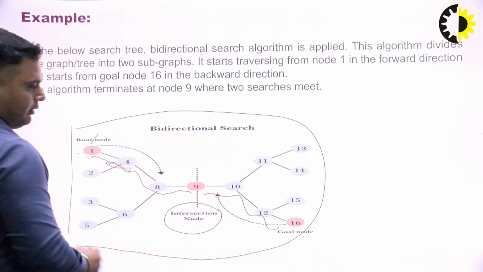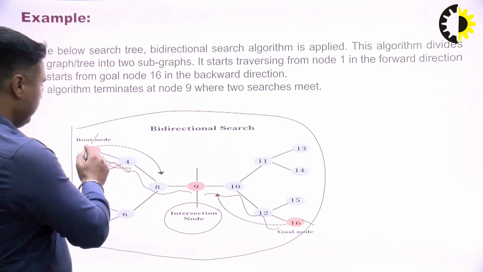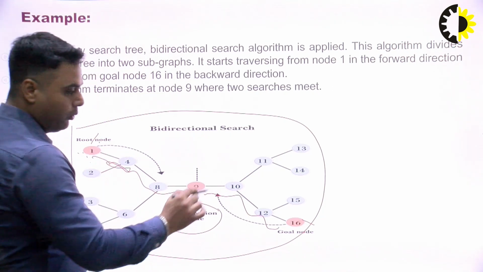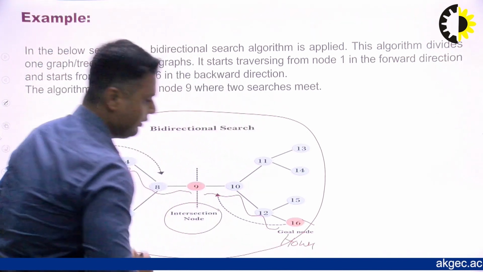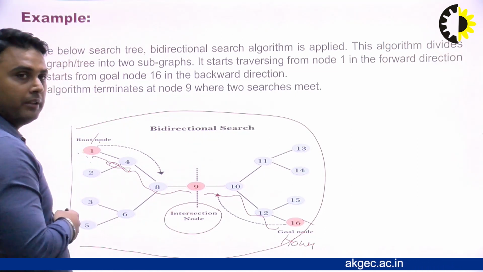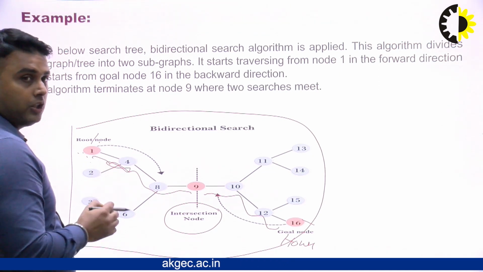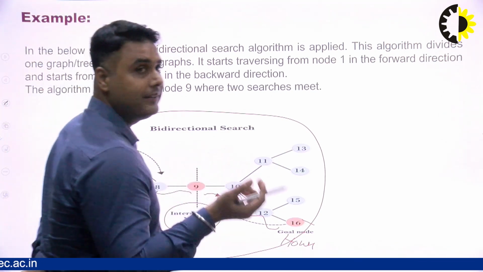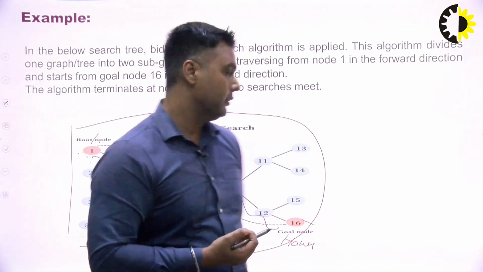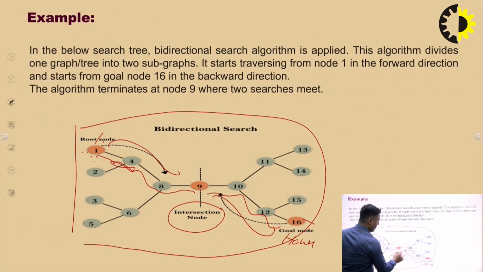Suppose 1 is one friend and 16 is the other friend. Initially they decided to meet at your home, but a friend said, why not meet at the intersection point? So the distance traveled is decreased for both. One is moving in the forward direction and one is moving in the backward direction, and they meet at the intersection point.